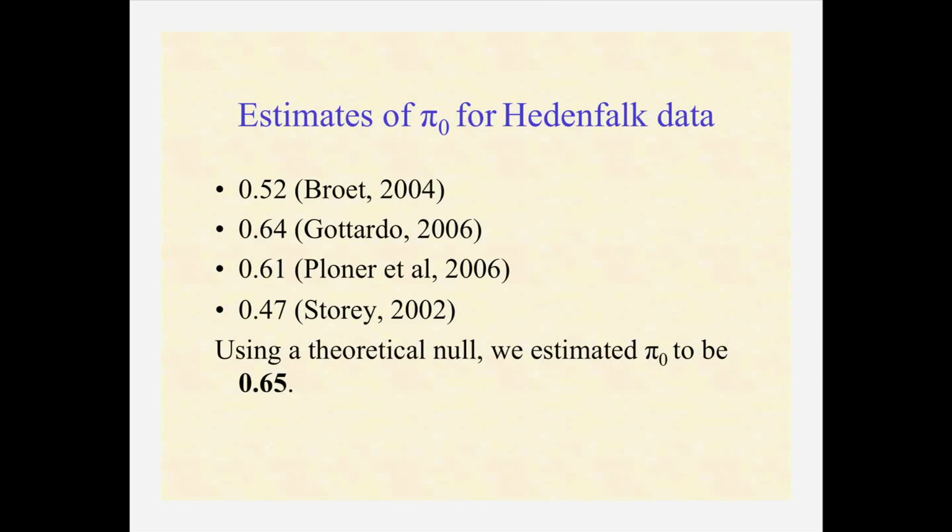As a matter of interest, this data set has been analysed by many people in the literature. These are just some estimates of pi naught that have been produced. We've got an estimate of 0.65 when we use a theoretical null.